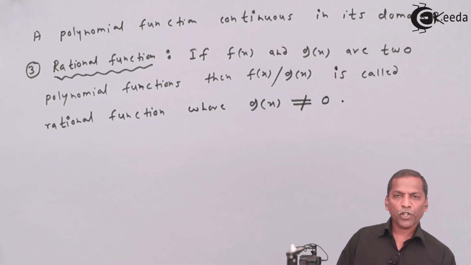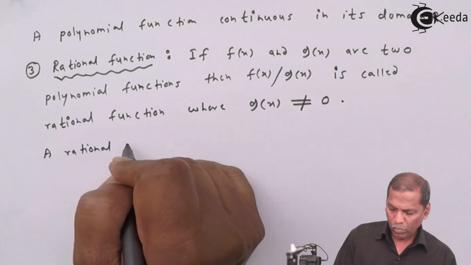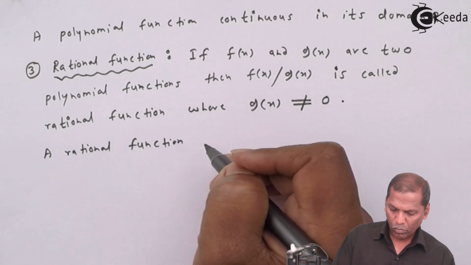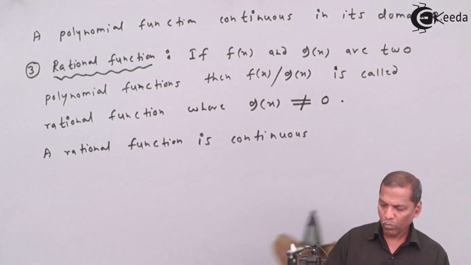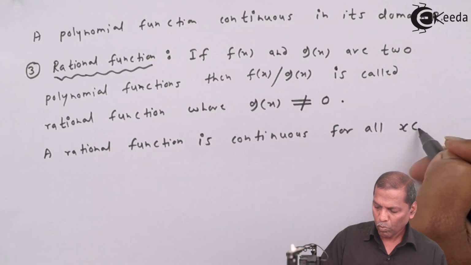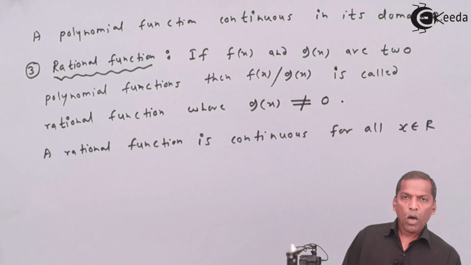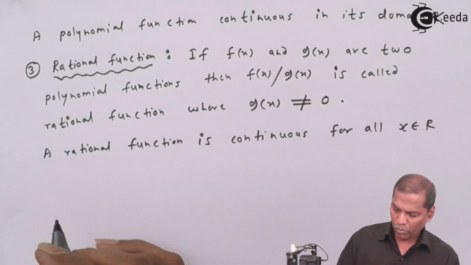A rational function is continuous in its domain R, except when denominator is 0, that is g of x is equal to 0.